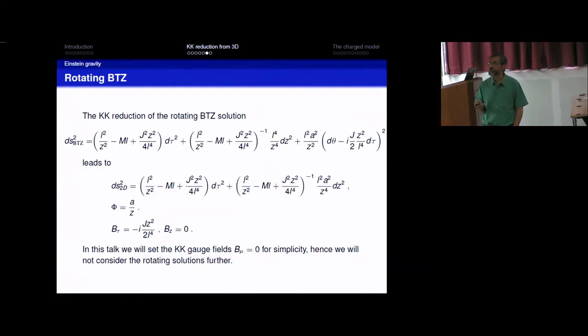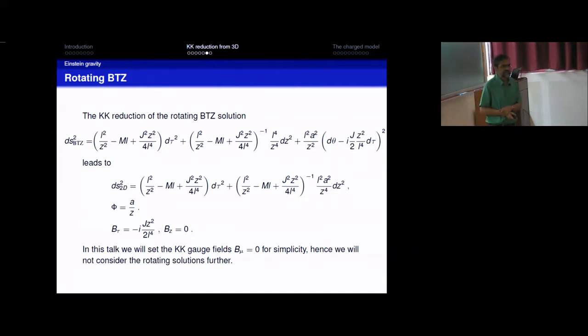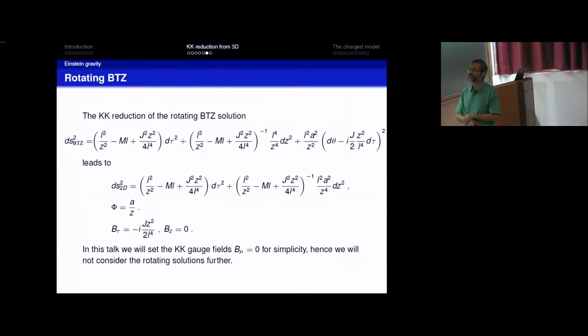However, there is an interesting issue of whether, if you take the extremal rotating BTZ, there is something similar to the higher dimensional physics that happens here. That would be another way, perhaps, of getting AdS2 physics from 3D as well. This is something that I'm discussing with Sandip and the collaborators.